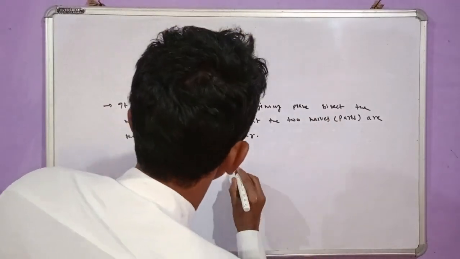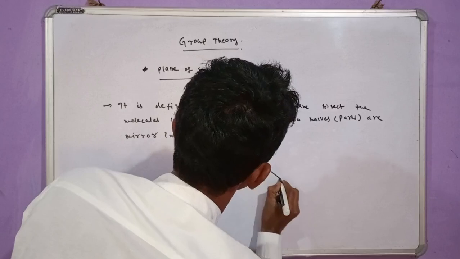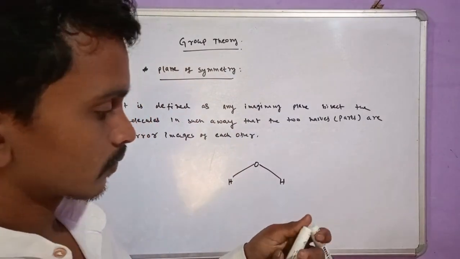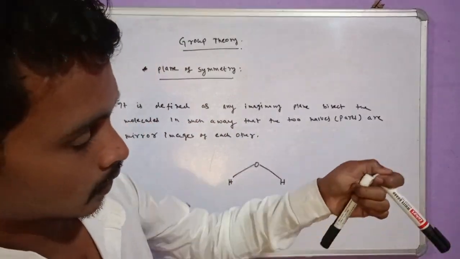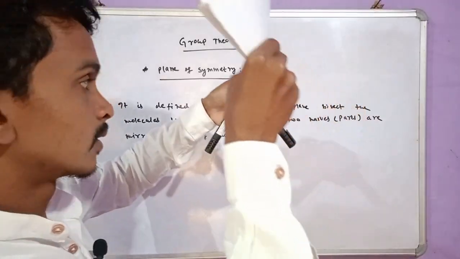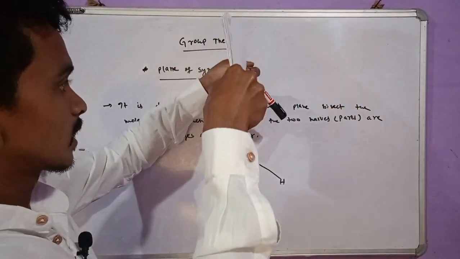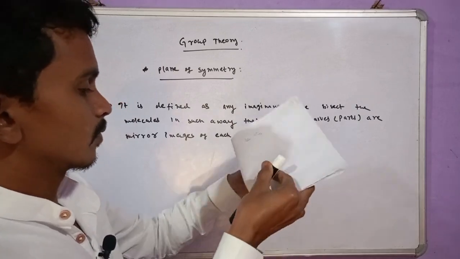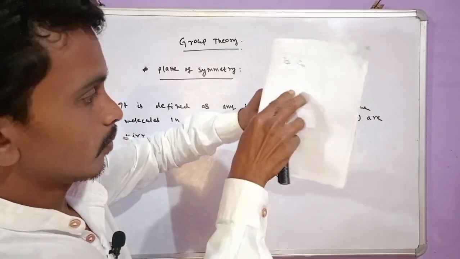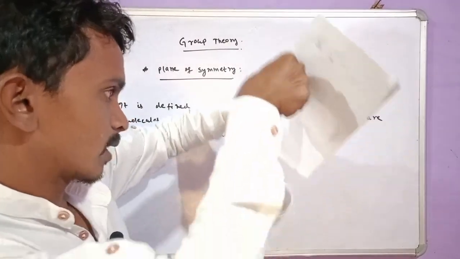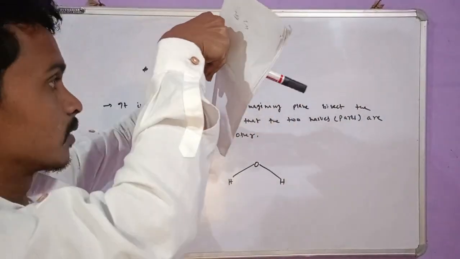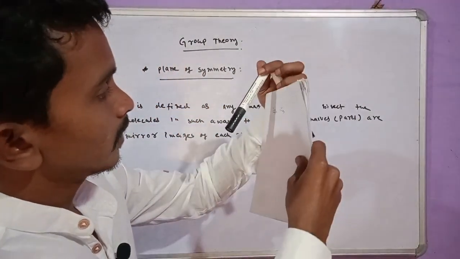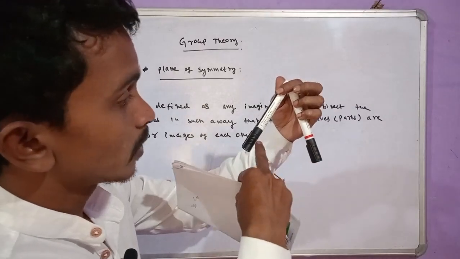Any plane I pass will bisect these two parts in the middle, so that this reflects to this and this reflects to this.